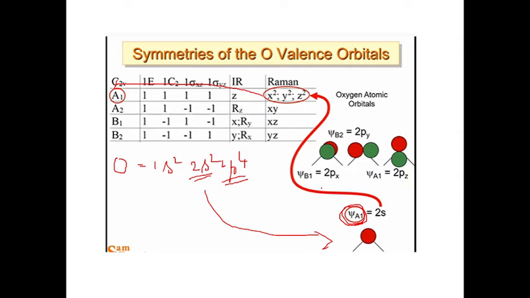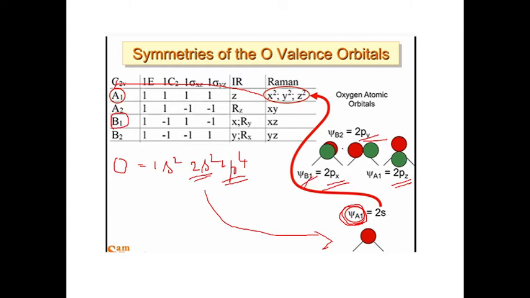Similarly, now looking at the p orbitals: the p orbitals are 2px, 2py and 2pz. These three orbitals are oriented along the x, y and z axes respectively. So they will have the symmetry of how the axes transform. If the x axis transforms as B1, then px also has B1 symmetry.